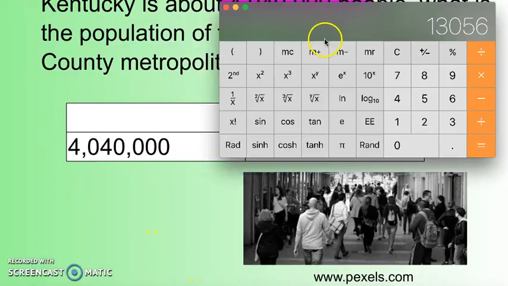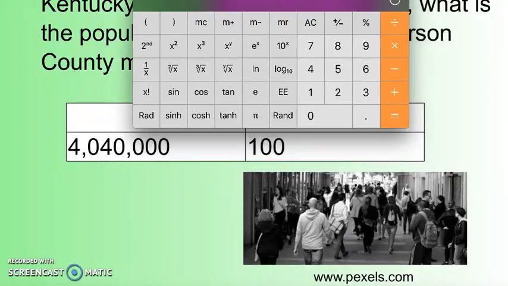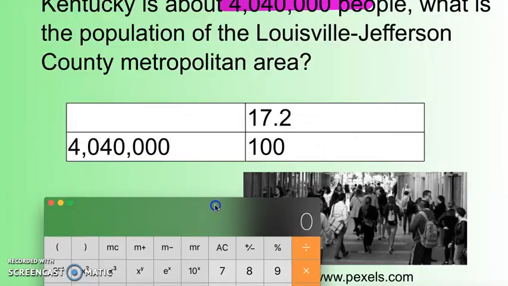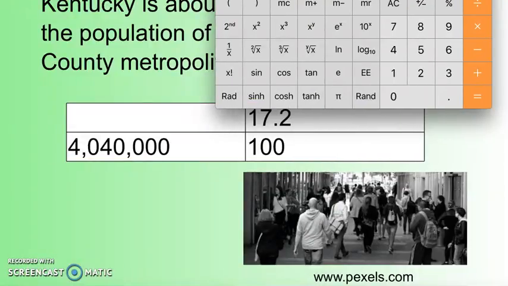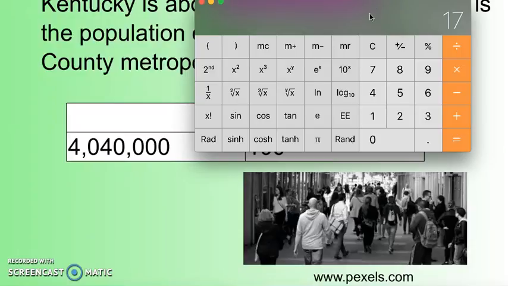Well, if we go diagonally again, we could do 17.2 times 4,040,000 people divided by 100.